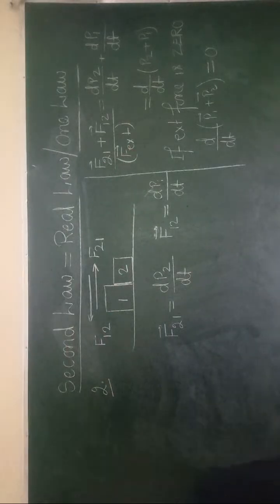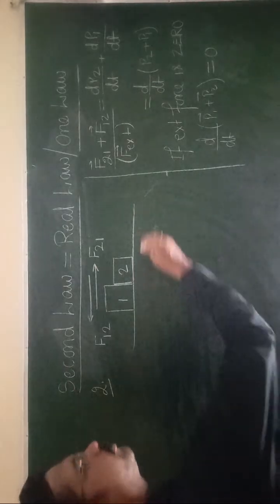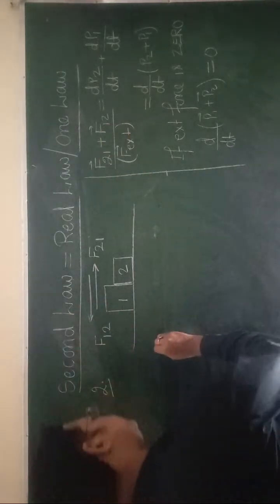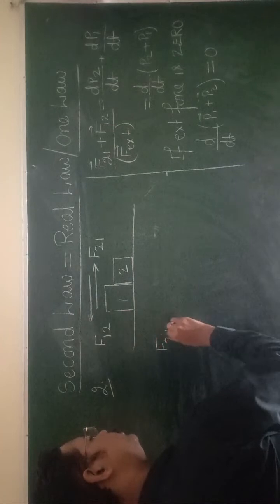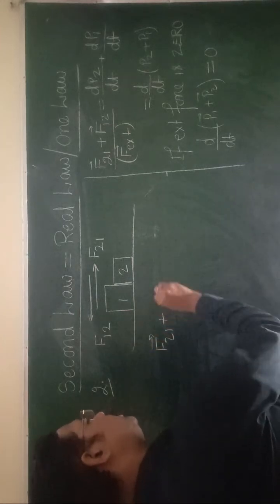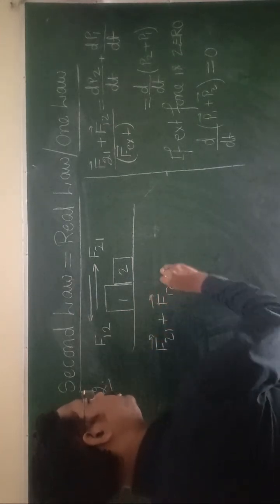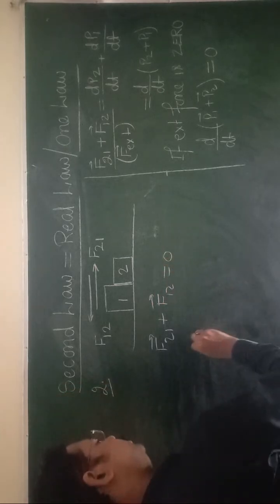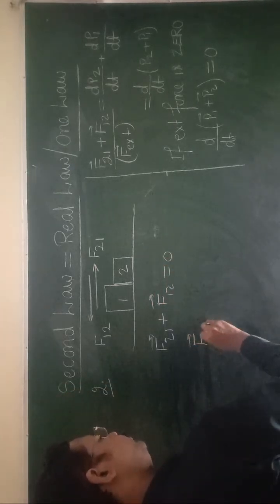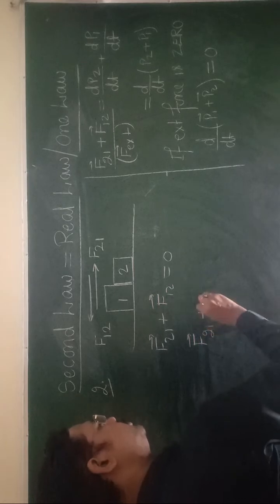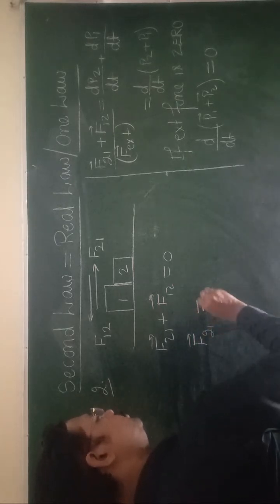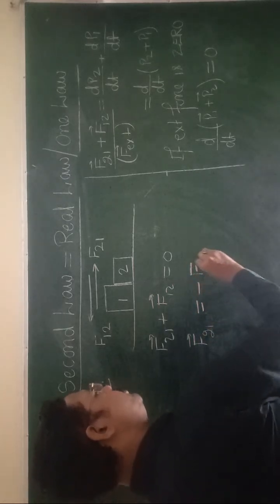In this case, you can write that the total force F21 plus F12 is equal to 0. You can write F21 is equal to minus F12.